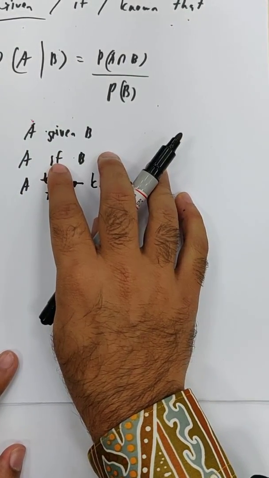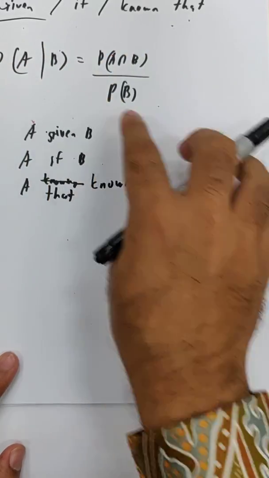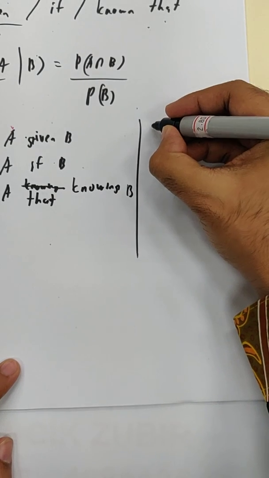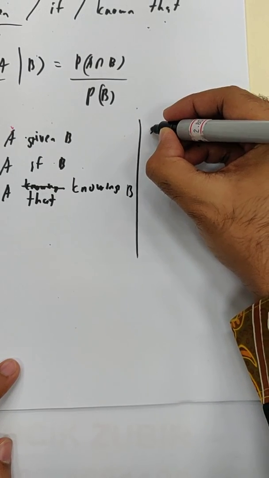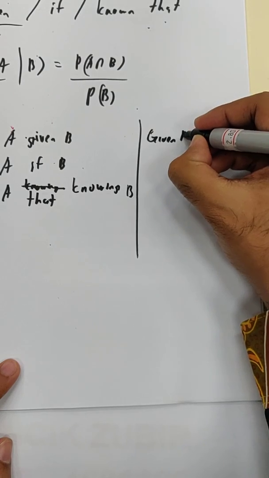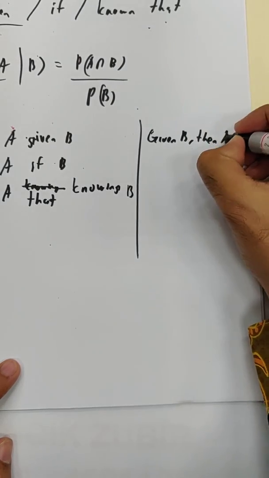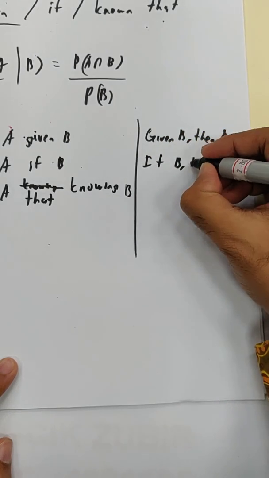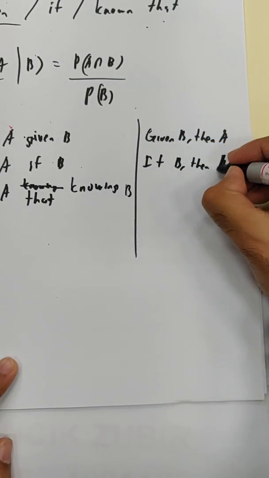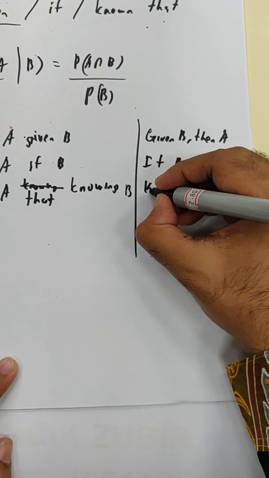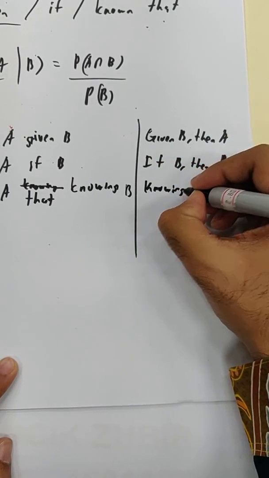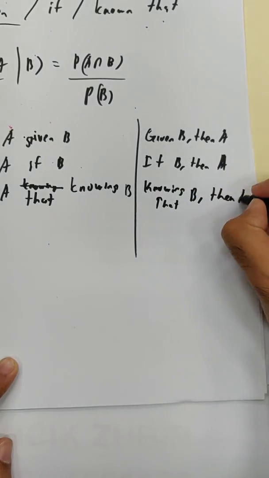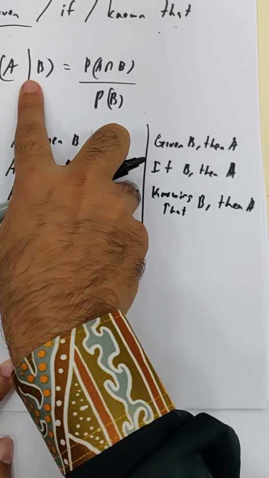If I give you something in this thing, it just means that the exam can be a bit cruel for you. It can say something like this: given B then A, or if B then A, or knowing that B, then A. It simply means the same thing as well.